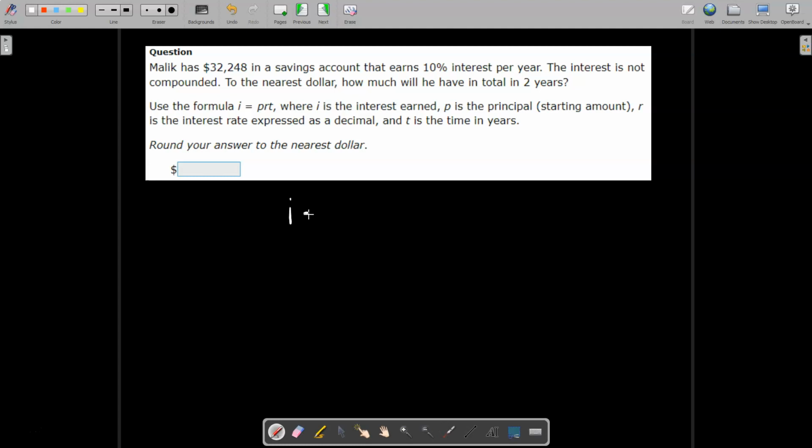Remember that interest is equal to principal times the rate times time. So let's find out first what his interest is. His principal is $32,248. Let's multiply that times the rate. We'll put some parentheses there for our multiplication. His rate is 10%, so we're going to move that decimal over 2 places.